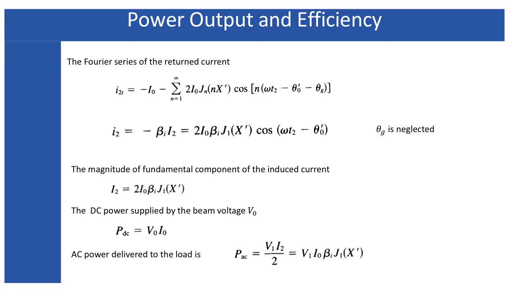So the final expression for the Fourier series of the returned current can be represented as shown over here, and the fundamental component, which we need, similar to the two cavity klystron, will be associated with this expression. This is the fundamental component for n equals to 1.